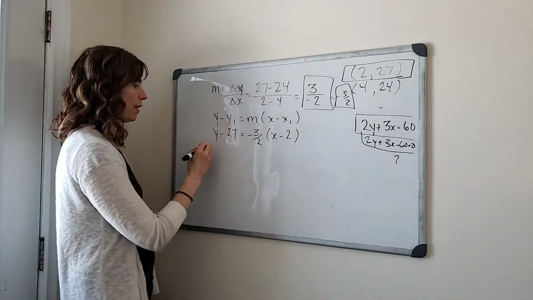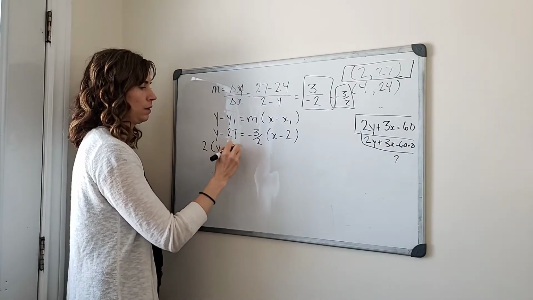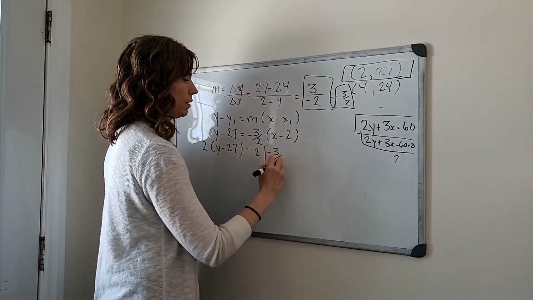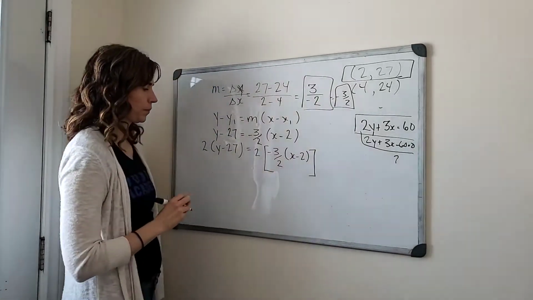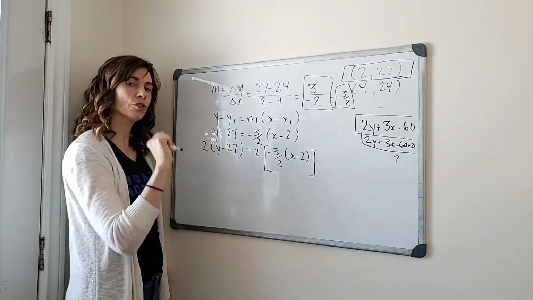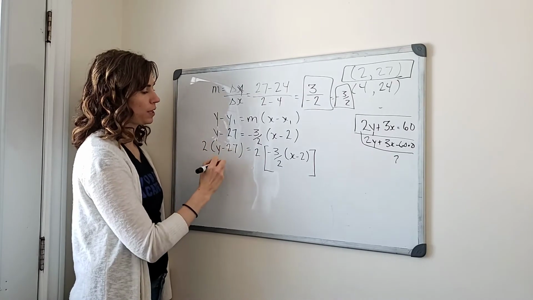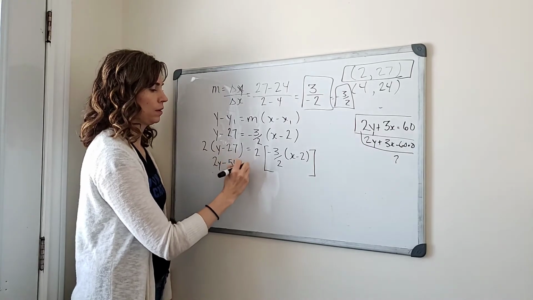All right, so I'll show you that. Times 2. And again, 2, and I'm multiplying the whole side, okay, by 2. So, using your distributive property, 2 times y is 2y. 2 times negative 27 is negative 54.